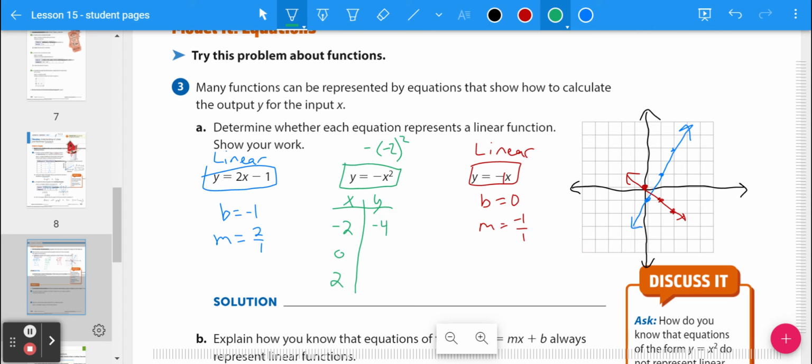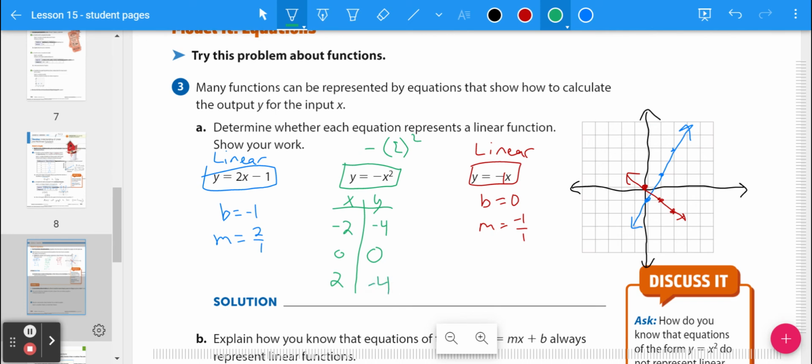Now, if I try that with 0, I would have a negative of 0 squared, and 0 squared is 0, and a negative of 0 is 0, so I get 0. Now, if I try that with a positive 2, I would have negative of a positive 2 squared. Positive 2 squared is 4, and a negative of that is still negative 4.